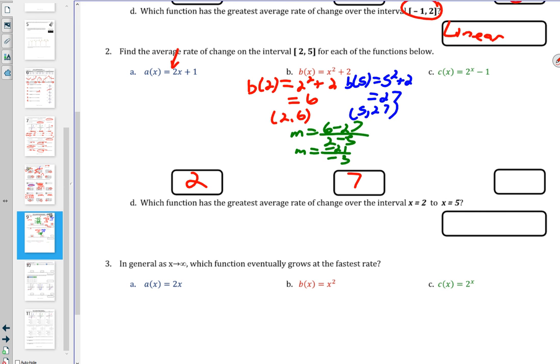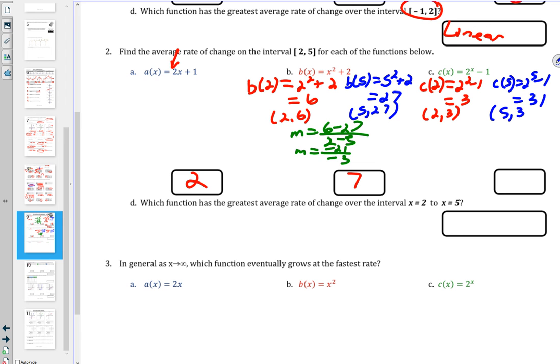For the next one, C first at 2. So 2 squared minus 1 is 3. So the point 2 comma 3 is on here. And then for the 5, C at 5 is going to be 2 to the 5th minus 1, which is 31.